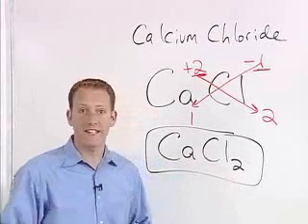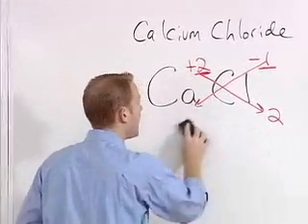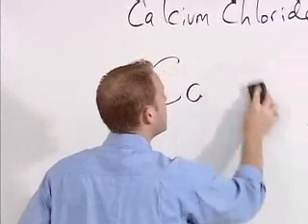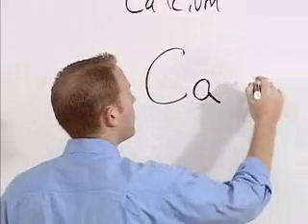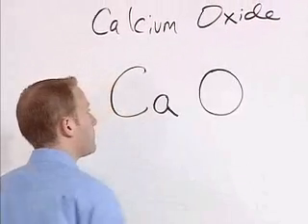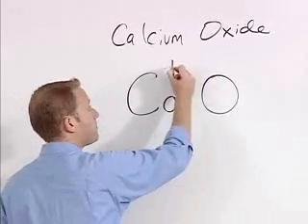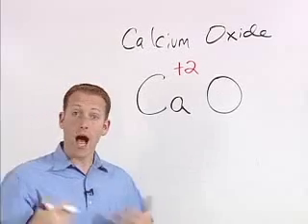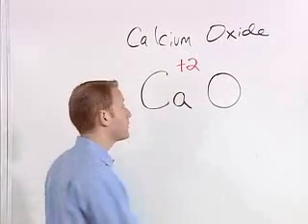Let me just do one that's not ionic just to give you an idea of what I'm talking about. That's not empirical, and then you have to convert it to empirical. Let's say I want to draw the formula, and let's just use calcium here because we're still using it. For calcium oxide, well, calcium's +2, because we just found that out. Oxygen is -2, because it says that on the periodic table.